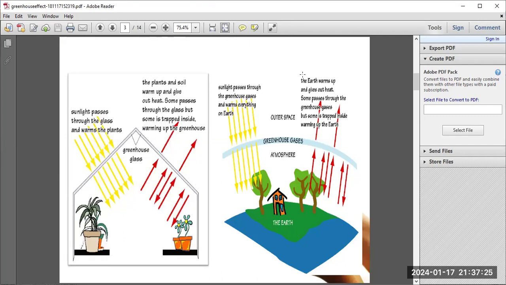So here we can understand the exact mechanism and meaning of the greenhouse effect.